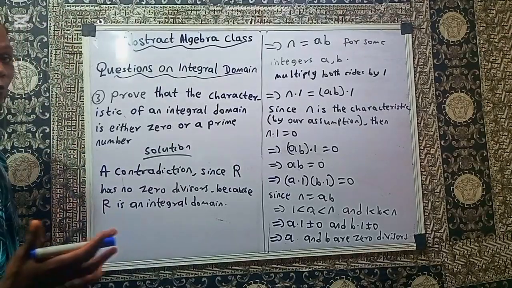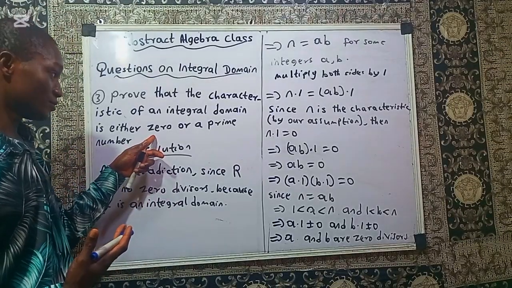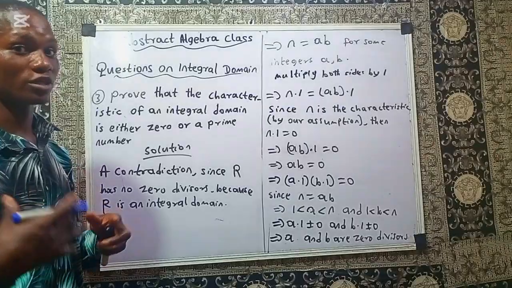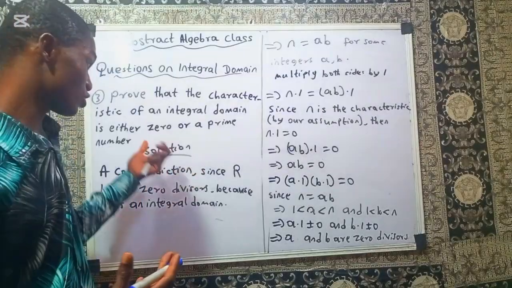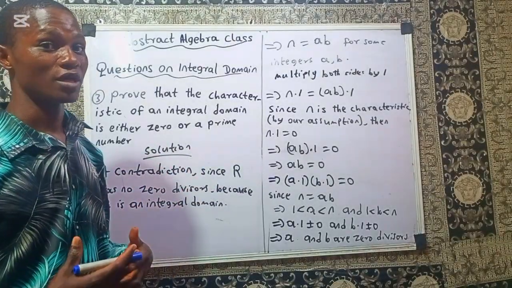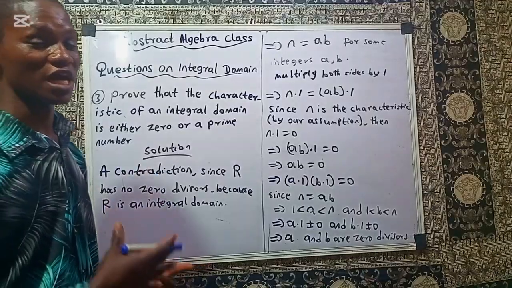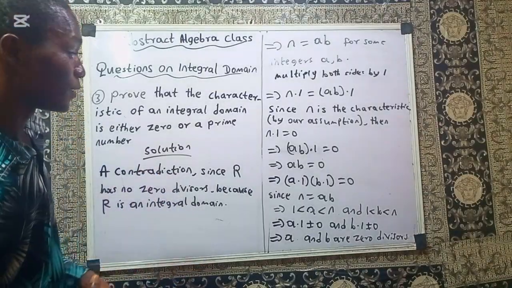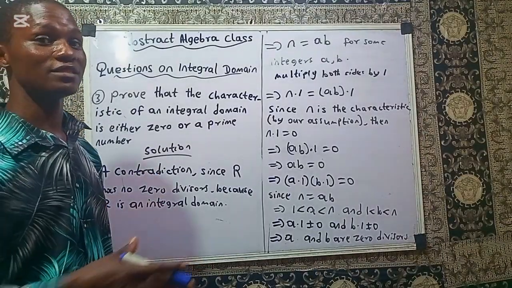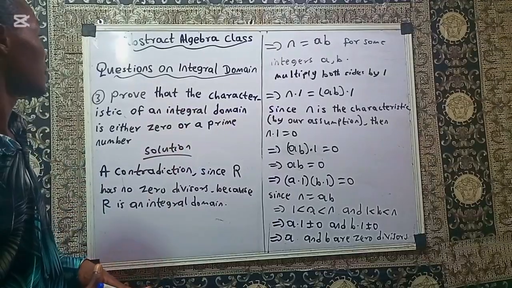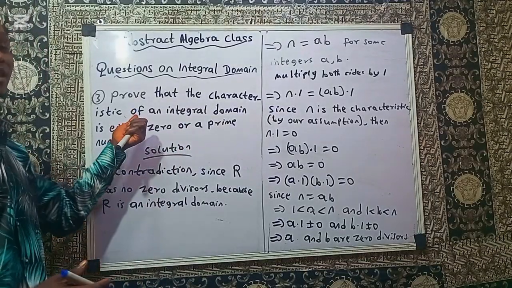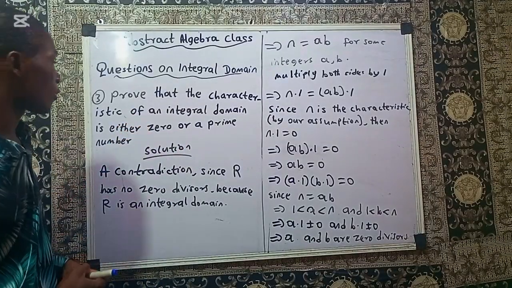Remember we supposed that the characteristic is not zero and is not a prime number, and we got that if it is not zero and is not a prime number, it will contradict the definition of integral domain. So it means that what they said is actually the correct thing.